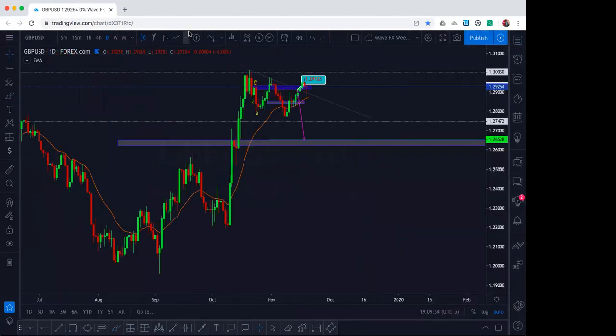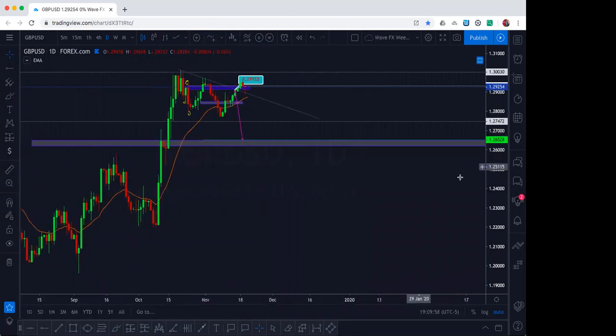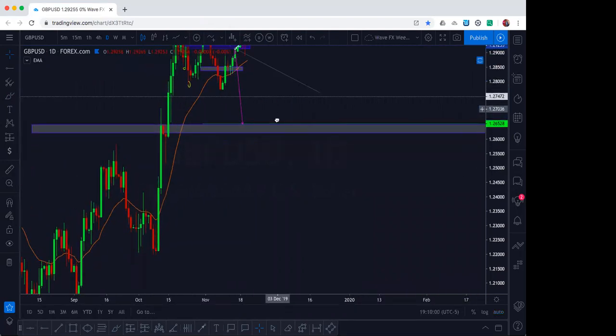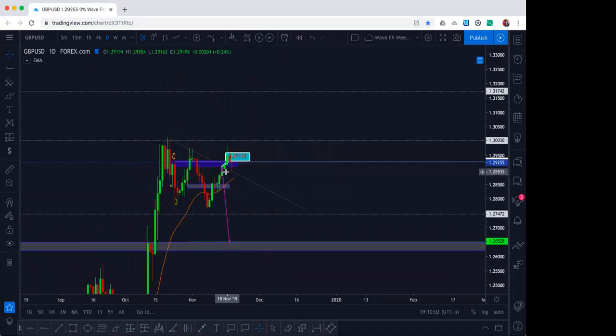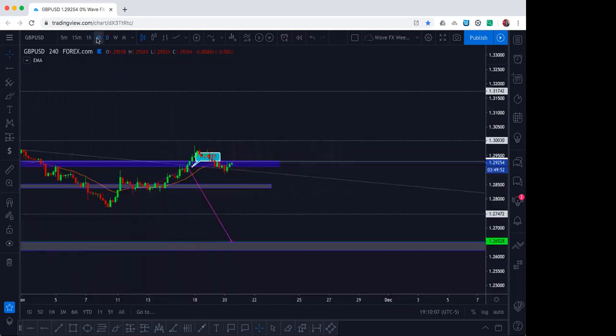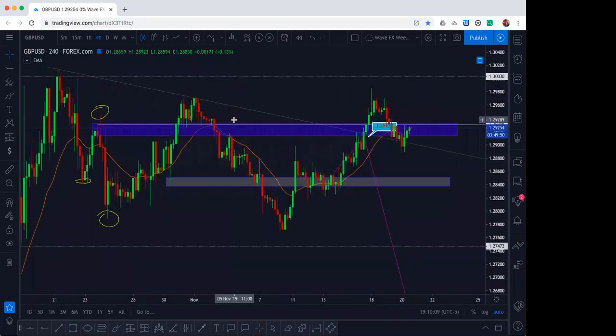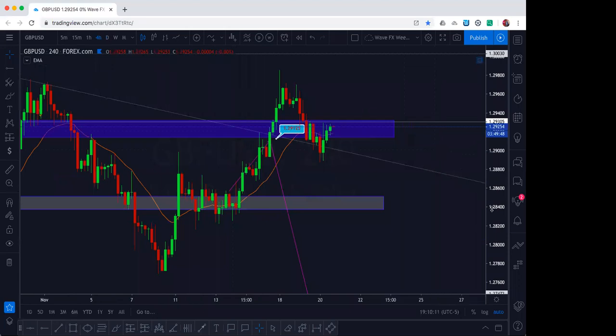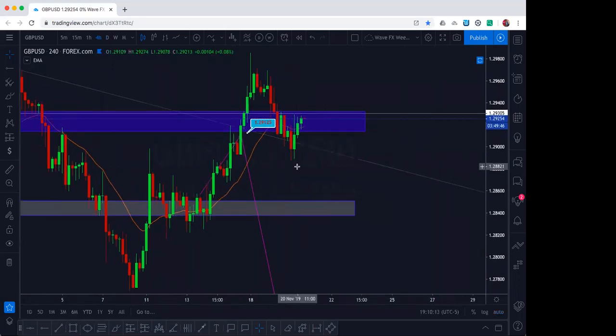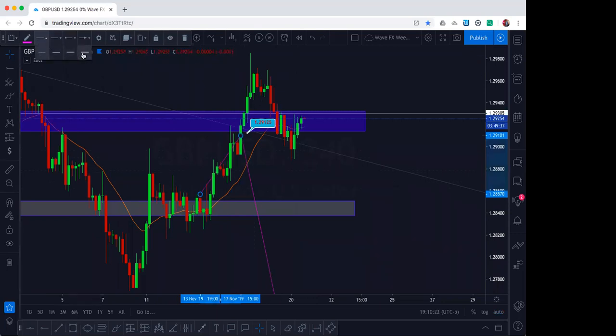For Pound USD, again, we were looking for the market to do what? Simply give you some retracement back to the upside and then continuation down. If we look to the 4-hour, as we suggested in the session last week, and I remember posting this trade in the academy as well, I would be looking for the market to approach this overall area, and I'll highlight it there for you guys to see it.